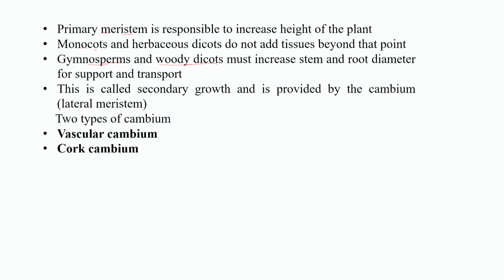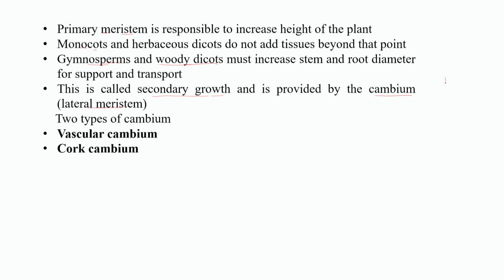To support them and to help in the conduction of water, minerals and food materials to different parts of the plant, they definitely need more elaborate vascular tissue. So they develop a large amount of secondary structures, and this growth is known as secondary growth. It happens with the help of cambium, which is also known as lateral meristem.